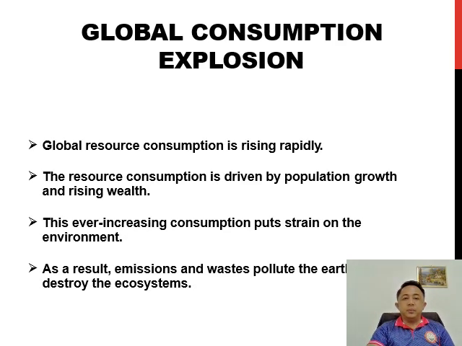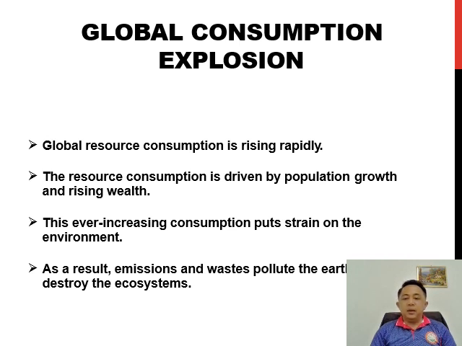Now, basing from researches that were conducted, it has been observed that there is already what we call a global consumption explosion. So when we say global consumption explosion, there is a rapidly rising consumption of our planet's resources. And then the resource consumption is mostly driven by population growth as well as rising wealth or economy.